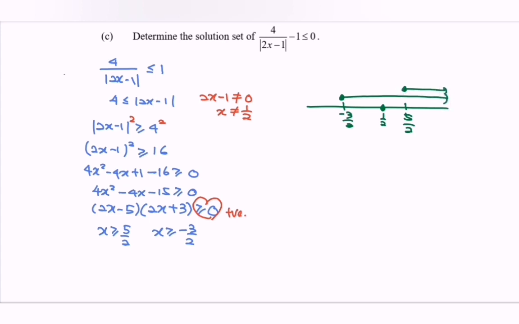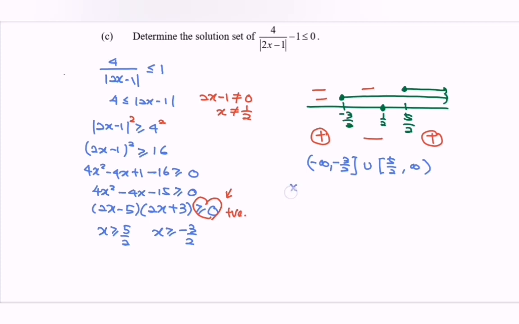So in here we have the negative, negative, negative. So answer positive, negative, positive. Focus on this part. We want the positive side. So the answer will be negative infinity until negative 3 over 2, union, start from 5 over 2 until infinity. So here we have the situation for interval form.